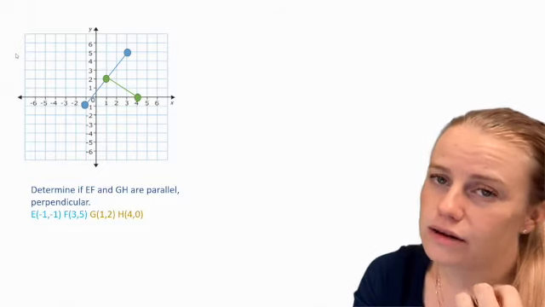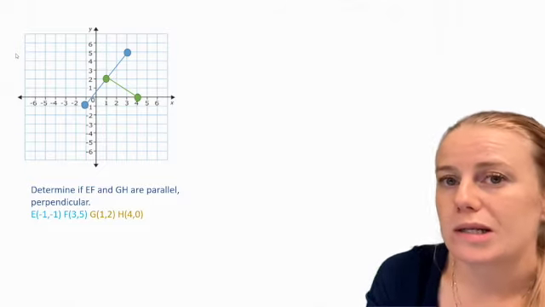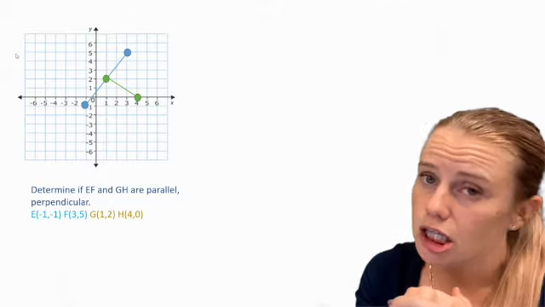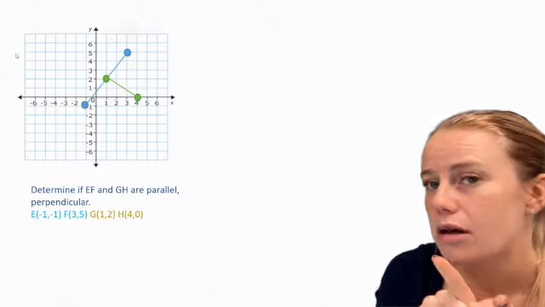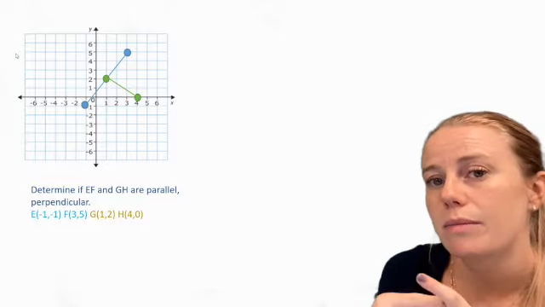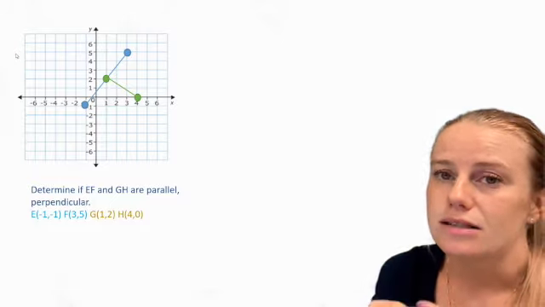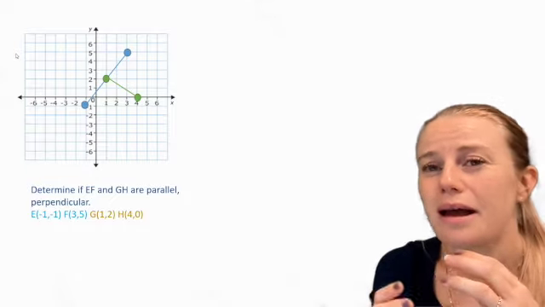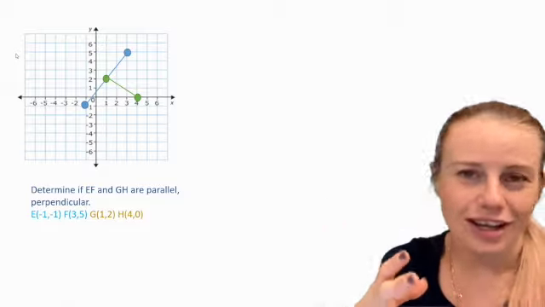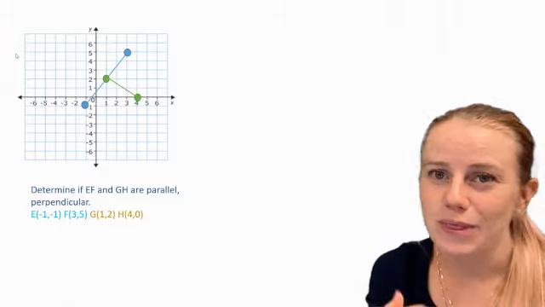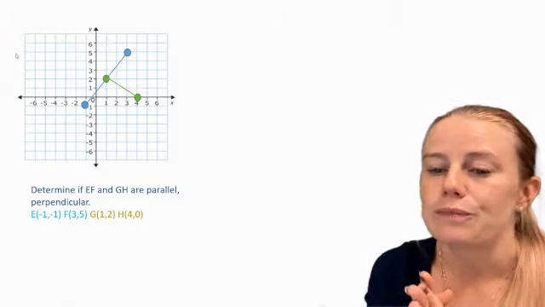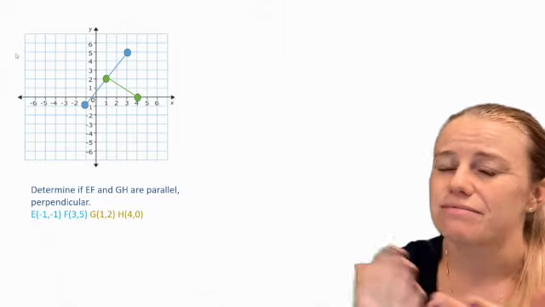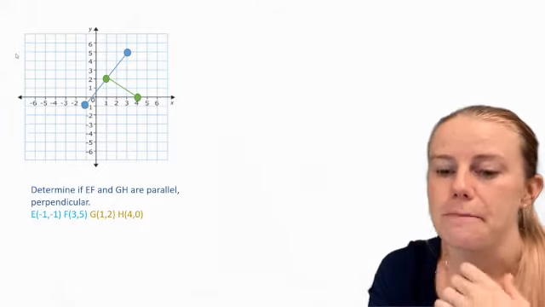Another thing to point out is when we're plotting these points on graphs, just because they might look like they are parallel or look like they are perpendicular, we need to still compare their actual slopes because our pictures and our mind and looking at things may not come up with the right things, okay? So we need to still look at our slopes. Yeah, these look perpendicular to me, but it could be just slightly off, okay?